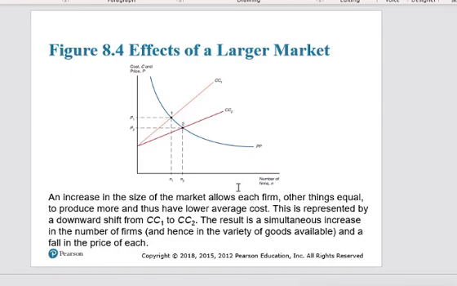The result is a simultaneous increase in the number of firms, as shown on the x-axis, N1 to N2. There are more firms and a fall in the price of each. Lower price for consumers, more choice for consumers. Okay.